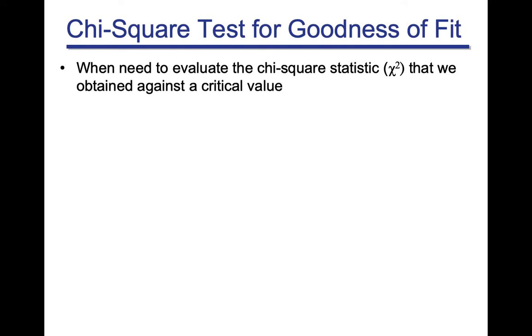But as we know in statistics, we need to evaluate the chi-square that we have obtained against a critical value. Even though our expected chi-square under the null hypothesis is 0, that doesn't necessarily mean that we're always going to get a chi-square of 0.